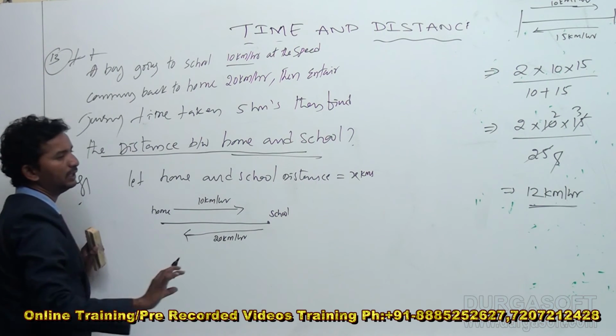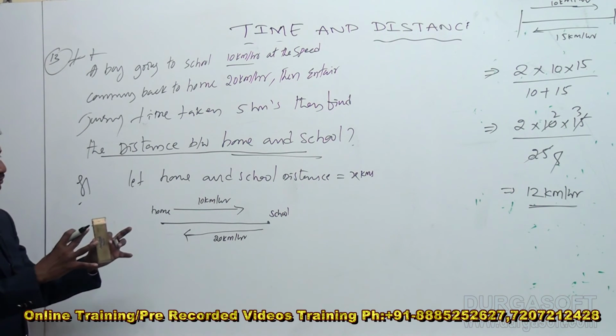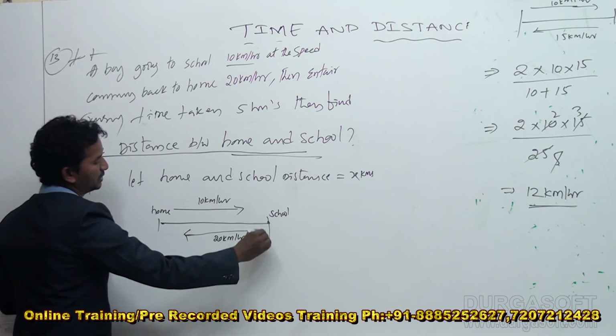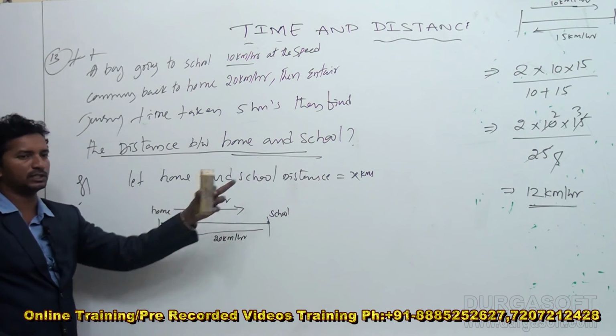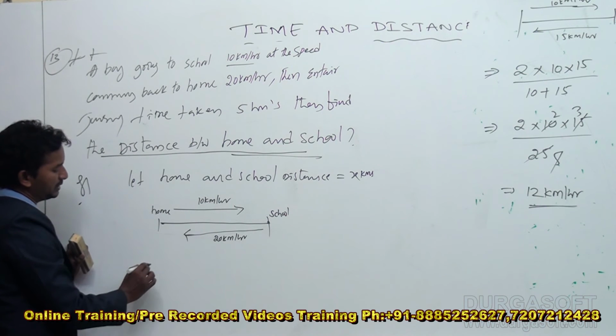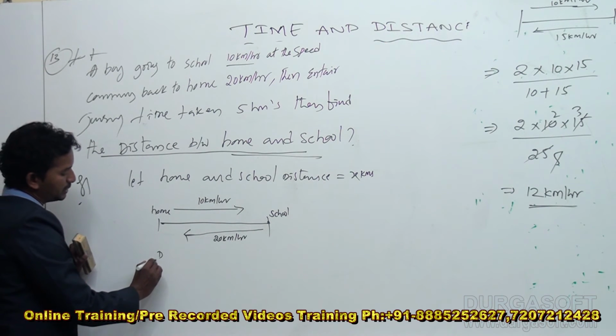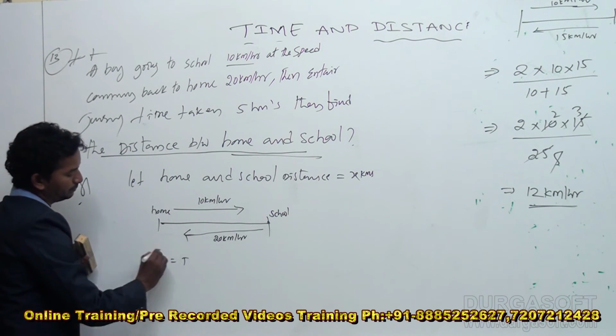I am not taking any relative speed. I am finding only the distance between these two places. The distance is constant, so I am taking x kilometers. Distance by speed is equal to time.